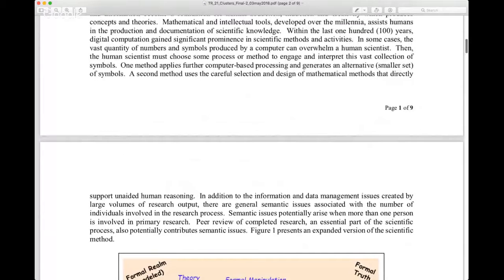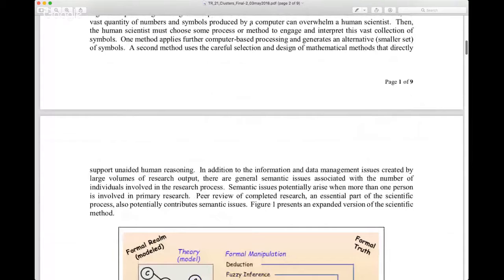One of the things about using computers and models is you can quickly overwhelm the human's capacity to deal with detail. So there needs to be some strategy or mechanism that the human uses to deal with that large volume of data. I'll talk about a couple of them here.